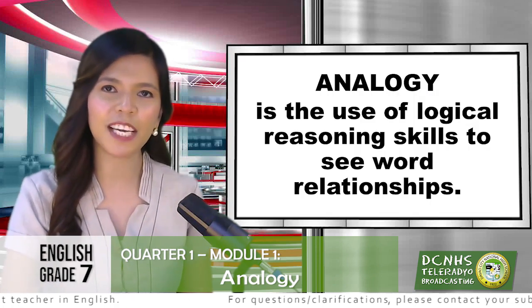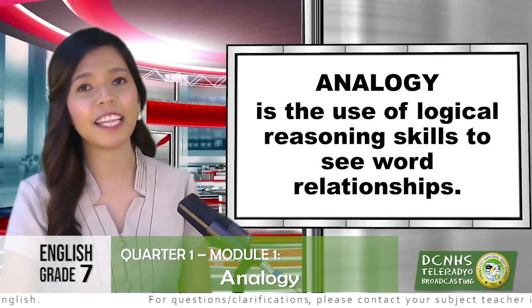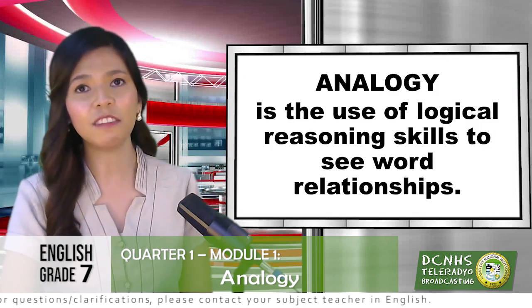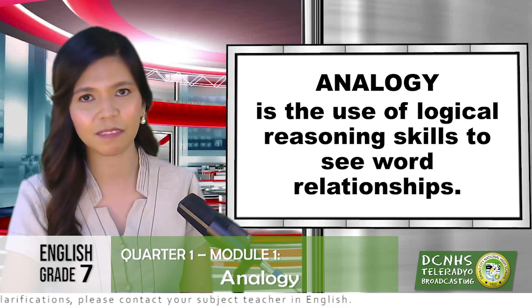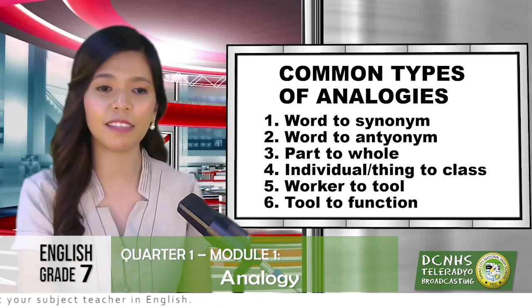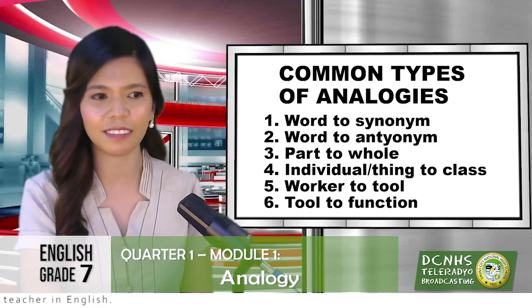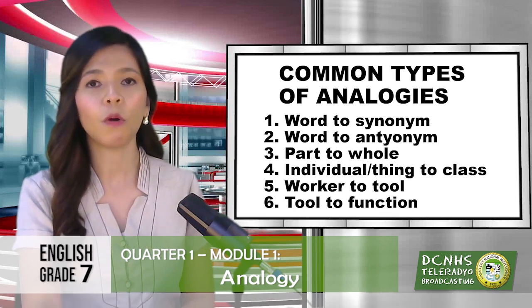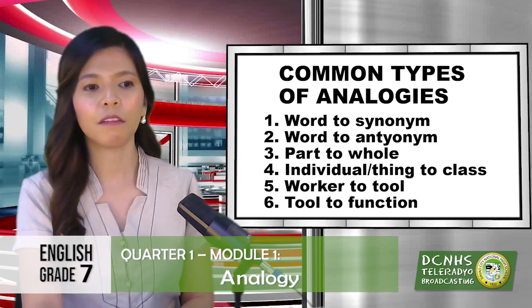Let us have a recap of learning. Analogy is the use of logical reasoning skills to see word relationships. We also touched on the 6 common types of analogy. 1. Word to synonym. 2. Word to antonym. 3.